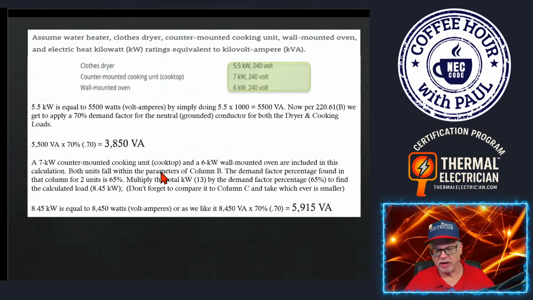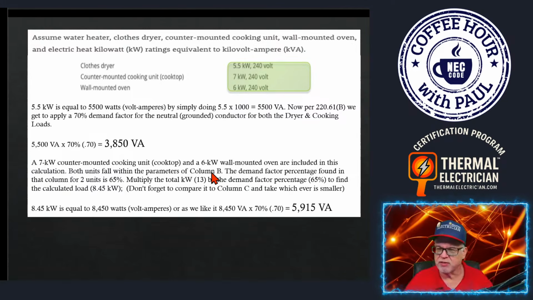All right. So in this case, we're going to make it easy for us. I will give you a little quickie lesson. Now it says a 7 kW counter-mounted cooking unit, cooktop, and a 6 kW wall-mounted oven are included in this calculation. Both units fall within the parameters of column B of 220.55.